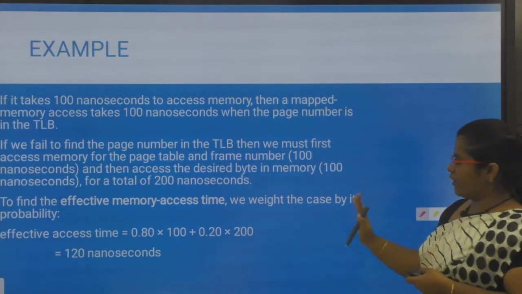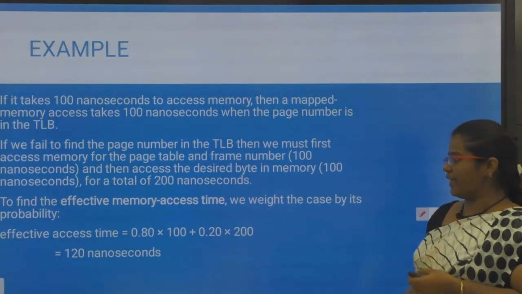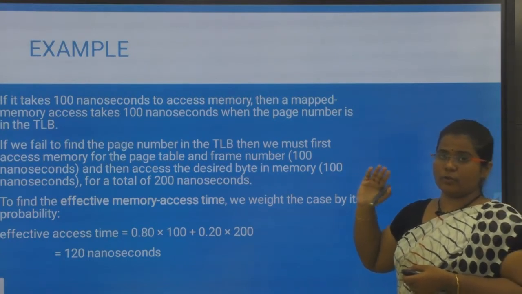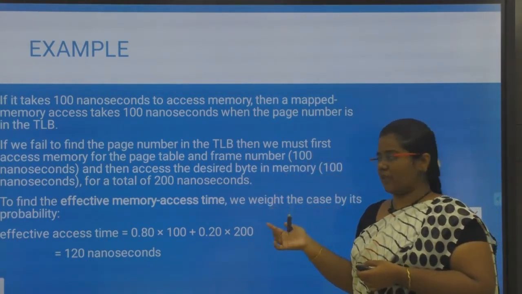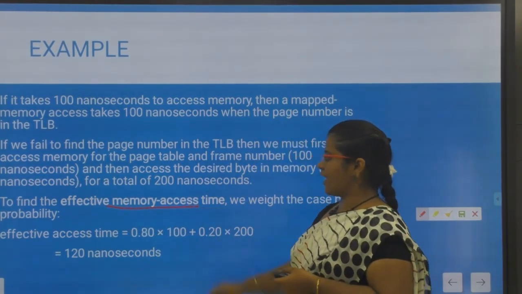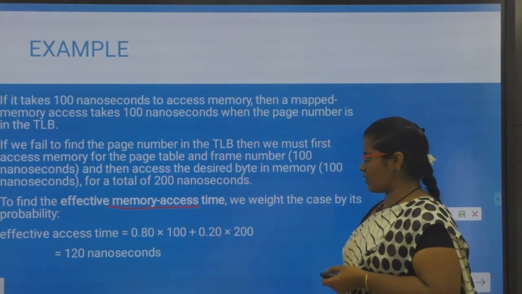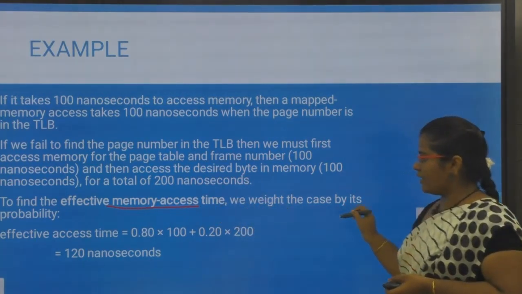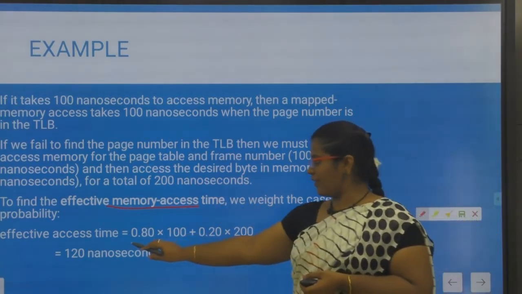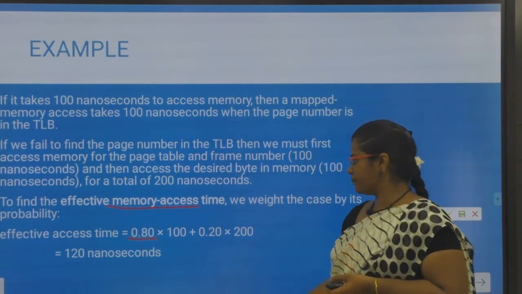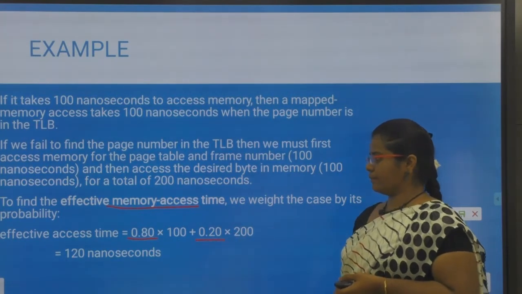To find a particular instruction, you need 200 nanoseconds, as we have discussed. Two times your memory access time is increased. To find the effective total time taken to access that particular instruction, we call it the effective memory access time. To calculate the effective memory access time, you take the hit ratio plus the miss ratio.